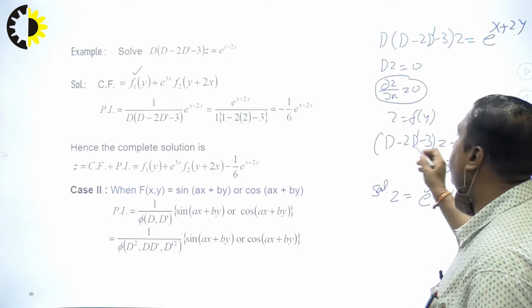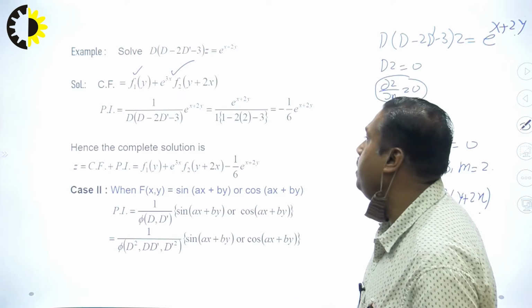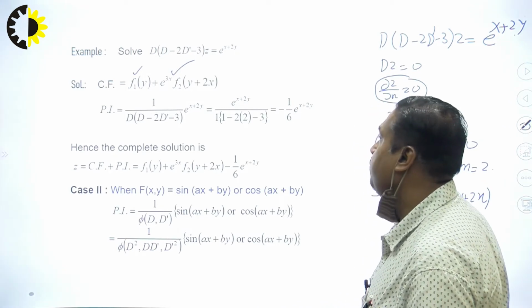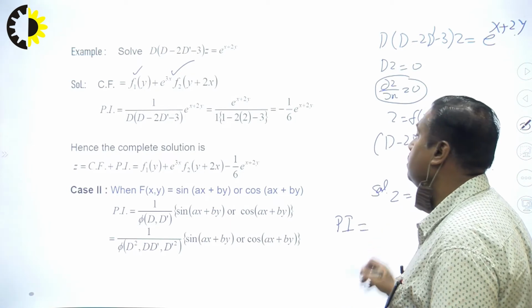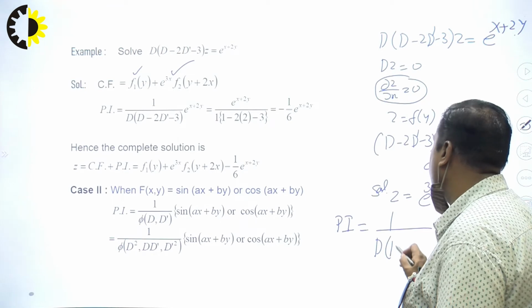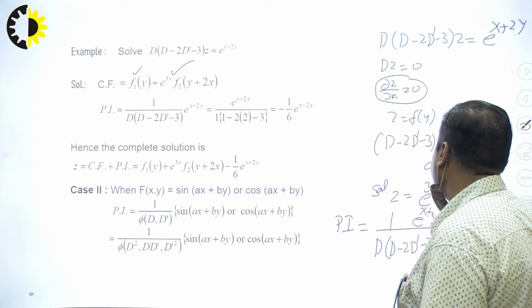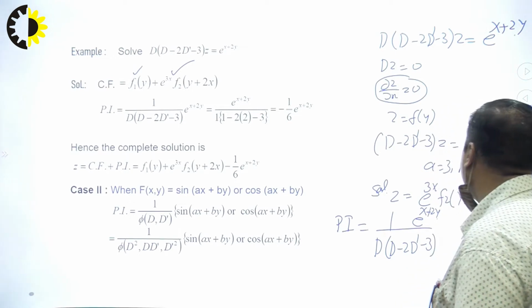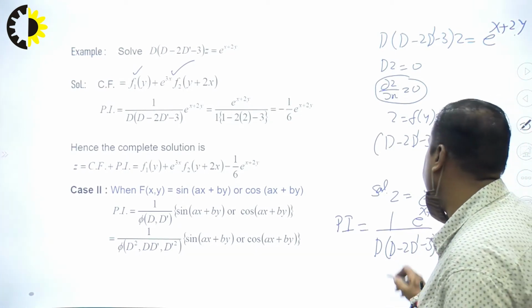So complete CF becomes f1(y) plus e to the power 3x f2(y plus 2x). CF is calculated. Now PI is calculated as 1 upon (D minus 2D dash minus 3) into e to the power x plus 2y. Here a is equal to 1 and b is equal to 2, and we have to substitute this value in this relation.